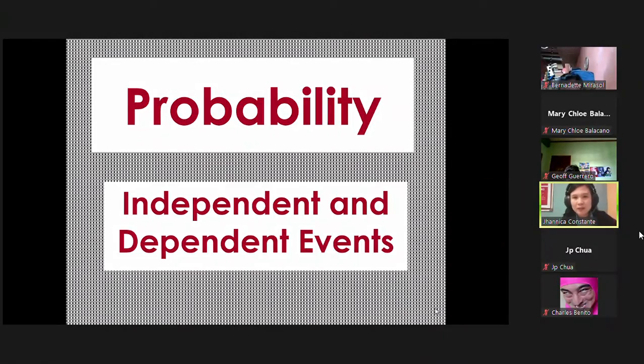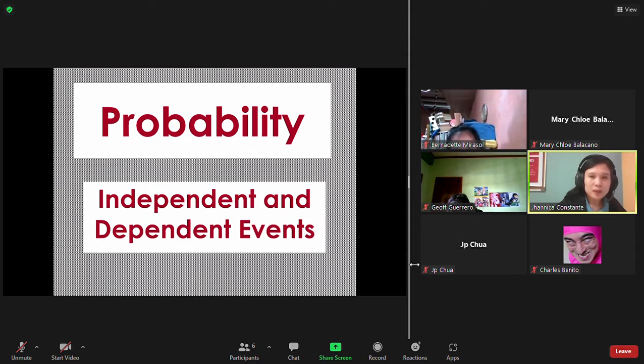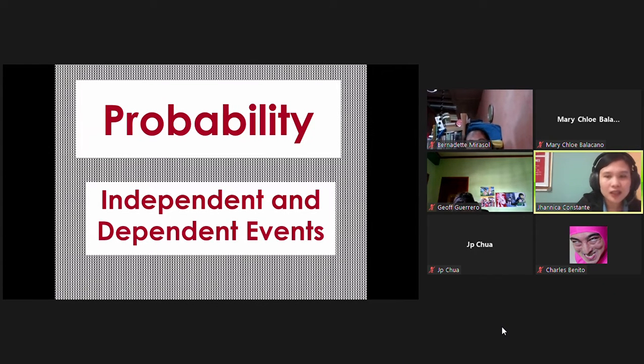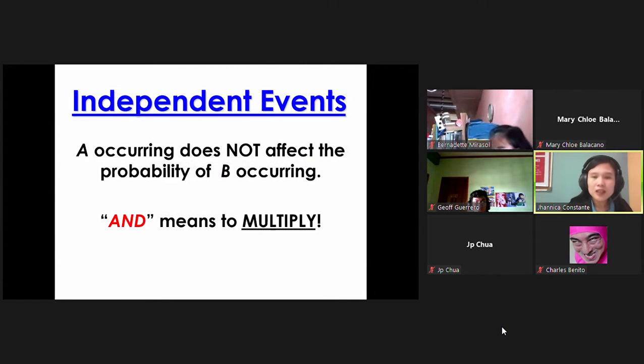Independent and dependent events, or what we call the probability of multiple events. When we say independent event, that means one event is not affecting the other event in the problem. Whatever you do on that event, it will not change the probability.